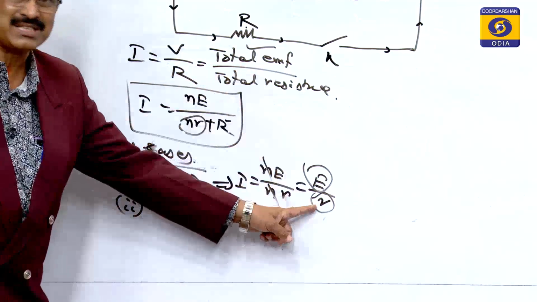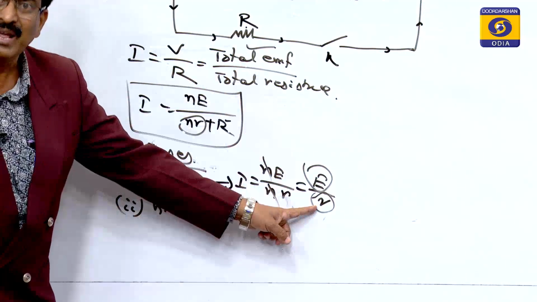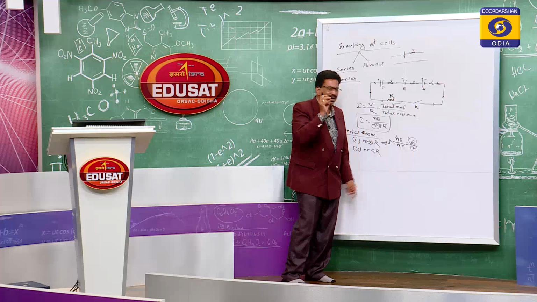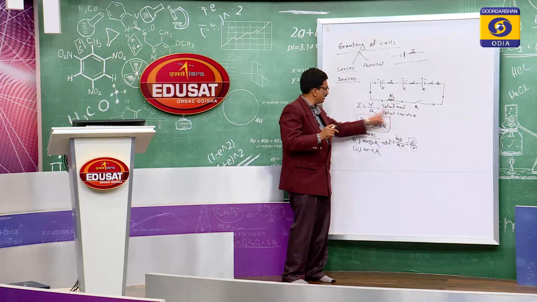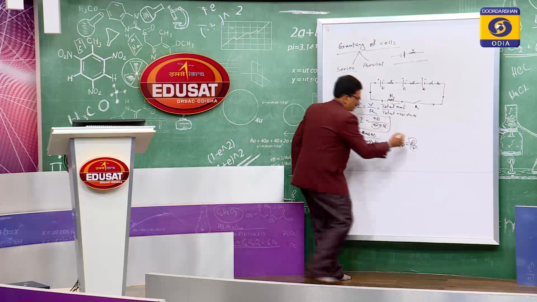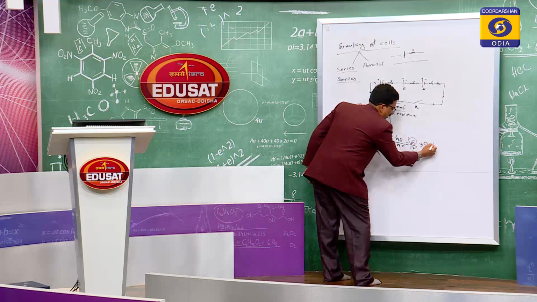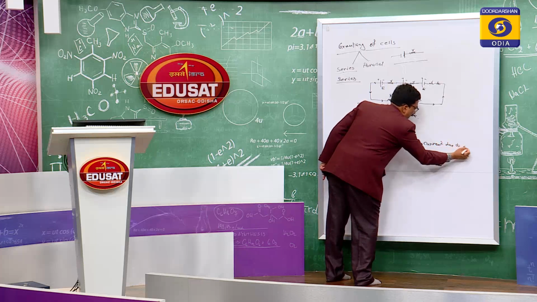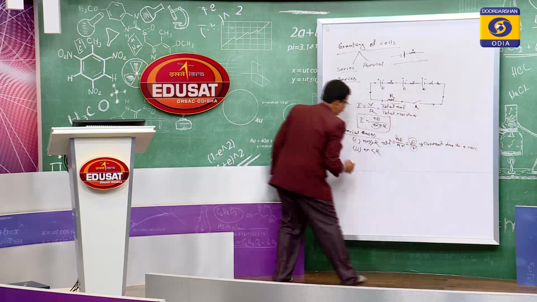Internal resistance of which one? Only r is there, meaning for a single cell. So this E by r is the current, because EMF by resistance is the current. This is the current due to a cell.